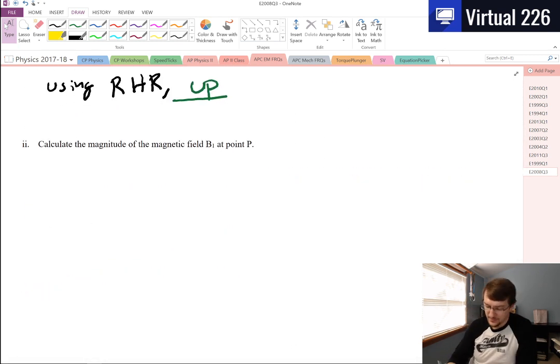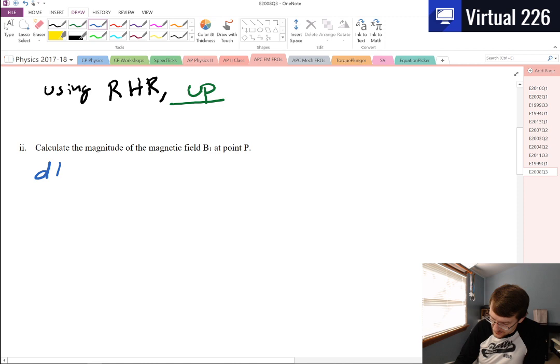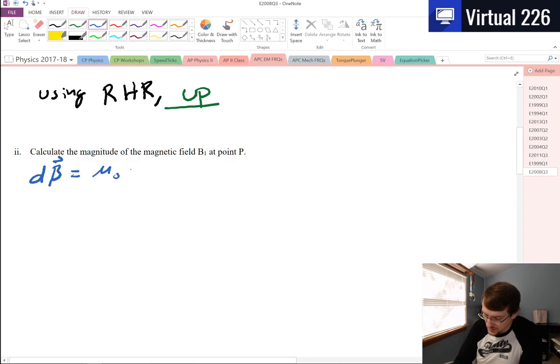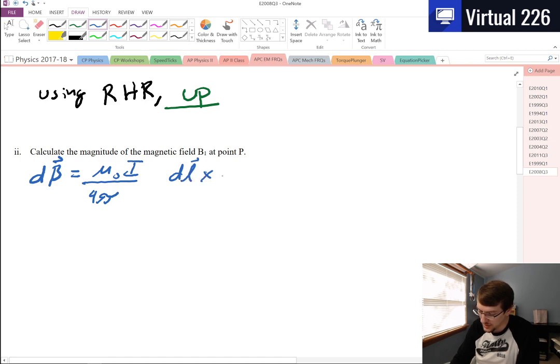Sometimes you'll see Biot-Savart's law written like this: dB, or a small piece of the B field, equaling mu naught I, the current running through your system, over 4 pi. And then this is the big term here. You'll have a dl cross r vector over r cubed.